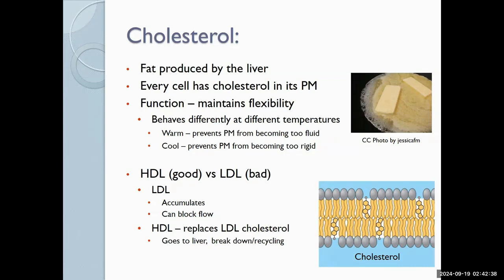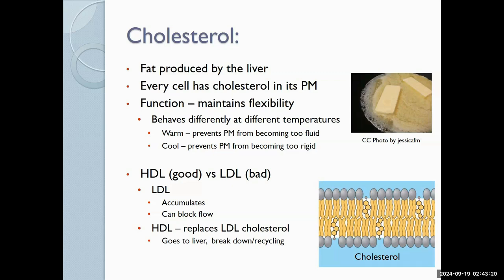Cholesterol is an essential element of living organisms and living cells. In terms of public health, we sometimes say, oh, I've got high cholesterol, and that's a bad thing. What they're actually referring to is that you have a high proportion of the LDL form of cholesterol, which accumulates along blood vessels and can create blockages.